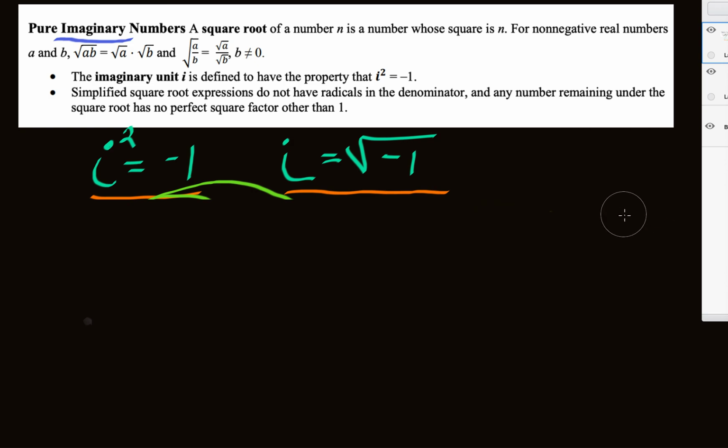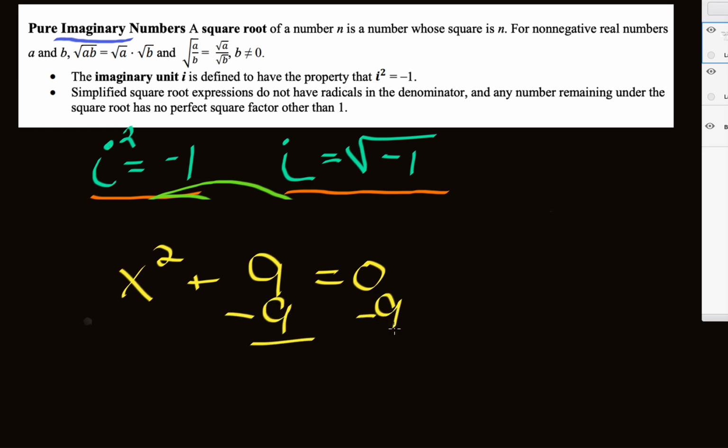Anyway, there we go. So if I go back to that last one, we got to x squared plus 9 equals 0. We subtract 9 from both sides, right? And that goes away, and that becomes 9. And x squared, -9.